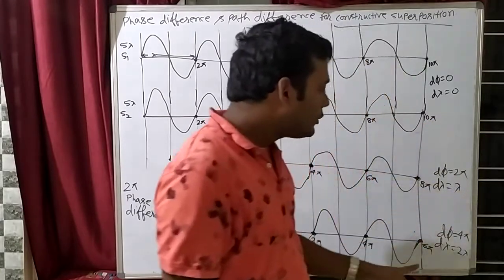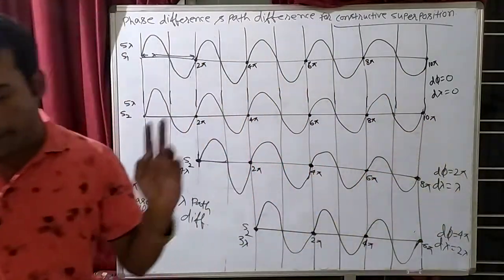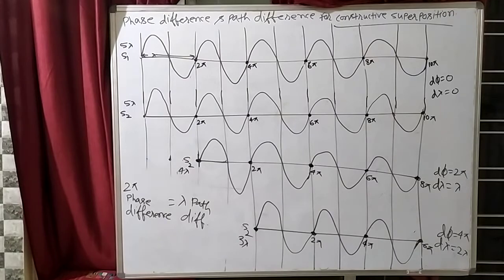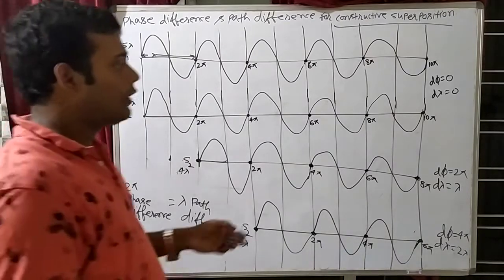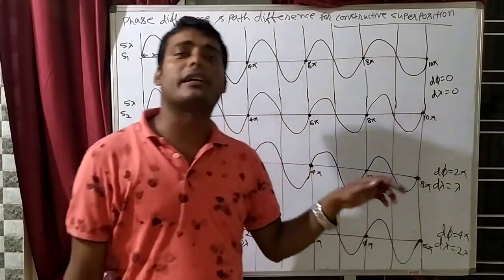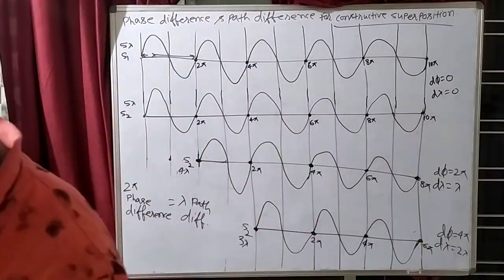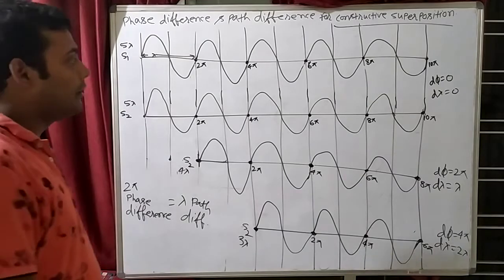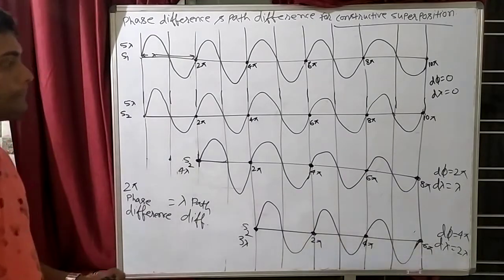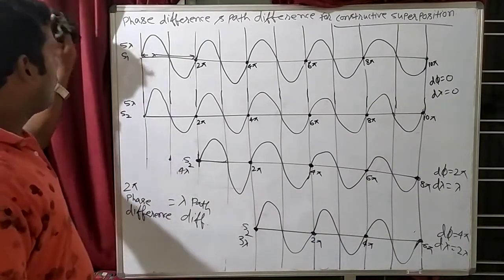Now think about the lambda. 0, lambda, 2 lambda, 3 lambda, 4 lambda, 5 lambda, 6 lambda. That means multiple of integer value. At lambda constructive, at 0 constructive, lambda, 2 lambda, 3 lambda, 4 lambda, 5 lambda. That means delta x should be equal to n lambda. Clear? So now we are writing the condition.